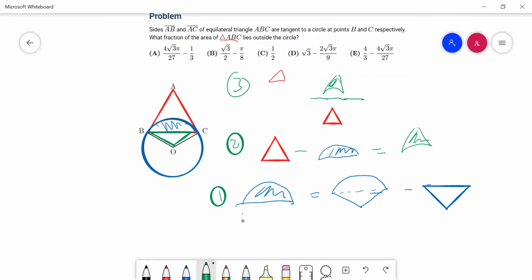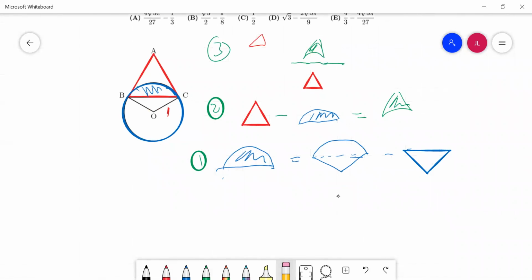We can simply let the radius of this circle be 1, to make the calculation a lot easier. Now we can find the sector. This part is the sector here. The sector equals the angle over 360 degrees times pi r squared, and r is just 1.